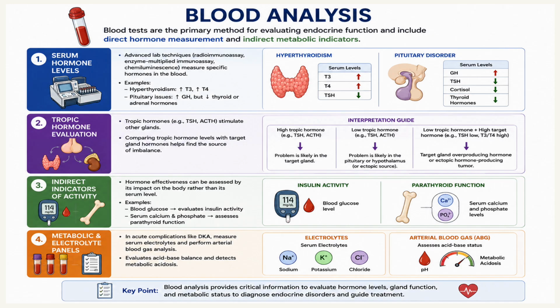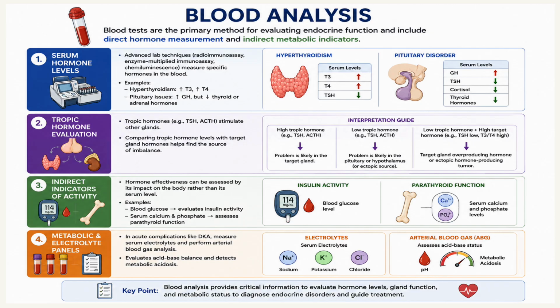Now, another important diagnostic strategy is the evaluation of tropic hormones, such as thyroid stimulating hormone, or TSH, and adrenocorticotropic hormone, or ACTH. Because what do these hormones do? These hormones regulate endocrine glands.